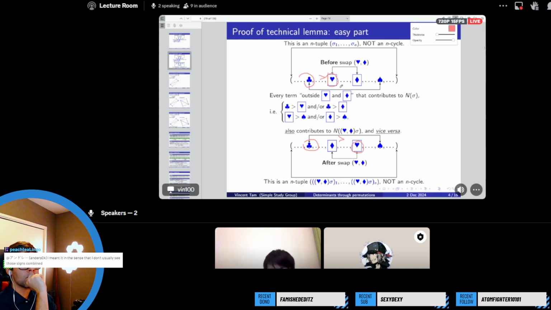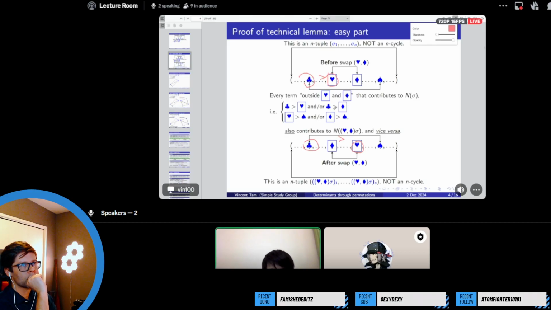So after the swap between these two boxed elements, the inversion is still there. It doesn't vanish.